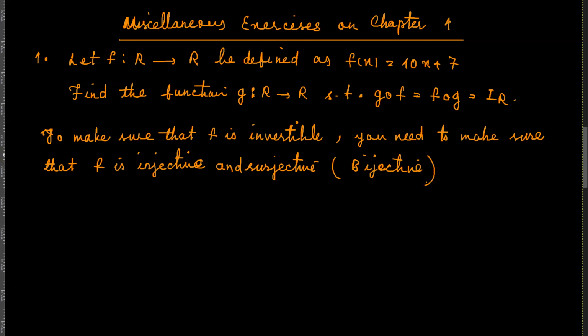Injective, as you know, is another name for 1 1, and surjective is onto. So if a function is 1 1 and onto, you can call it a bijective function.